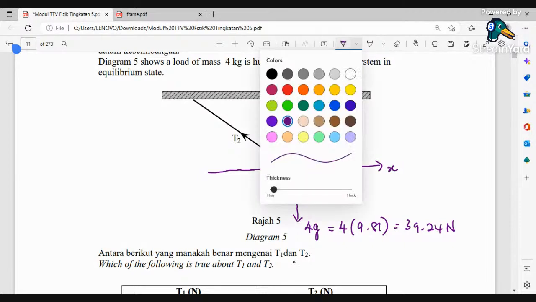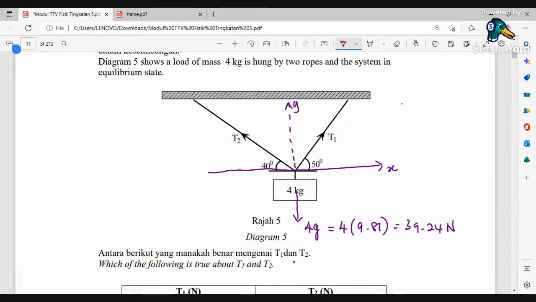Okay, let's try to resolve T1 first, using this angle 50 to the horizontal. The horizontal component for T1 is T1 cos 50, and the vertical one is T1 sin 50. Okay, so this is for T1.